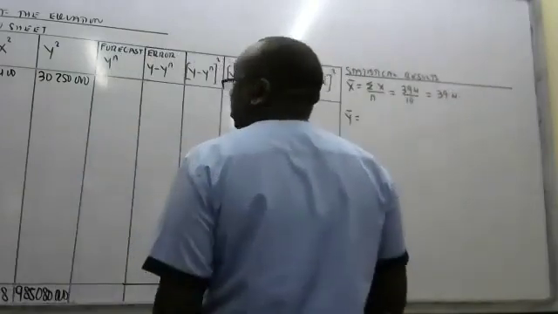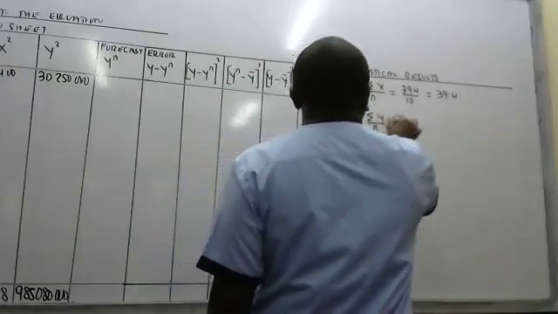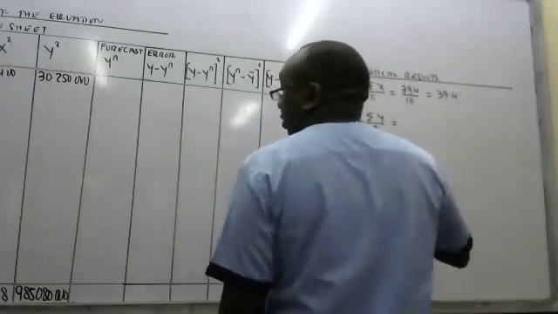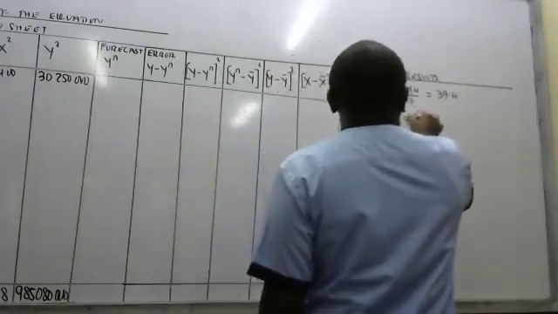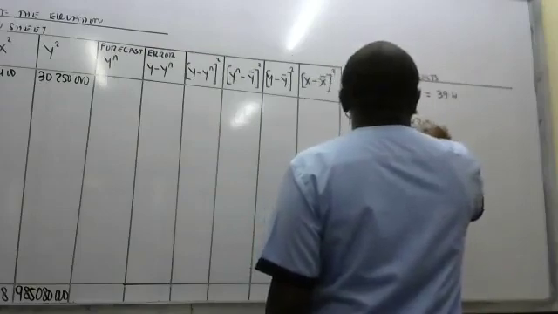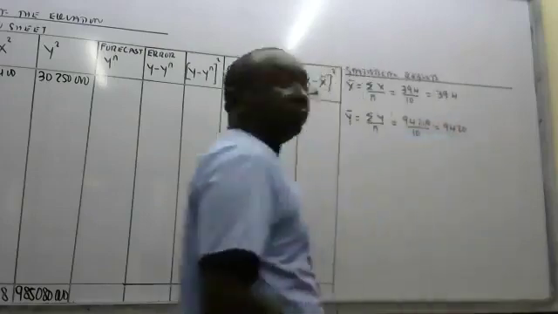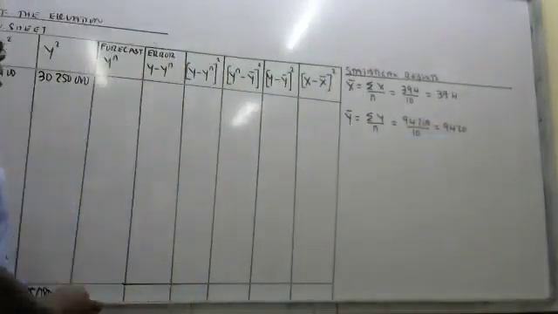Y bar is equal to sum of Y you divide by N. So this is 94,200. You divide by 10 and you get 9,420.